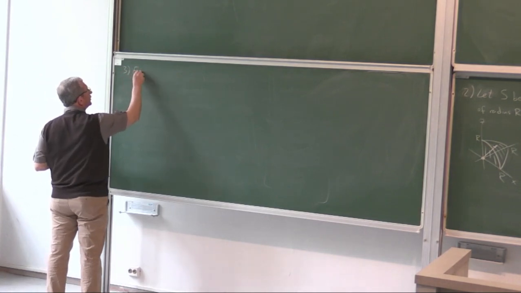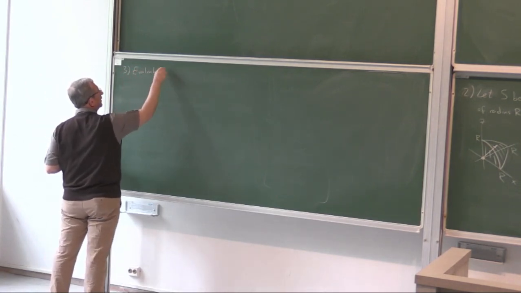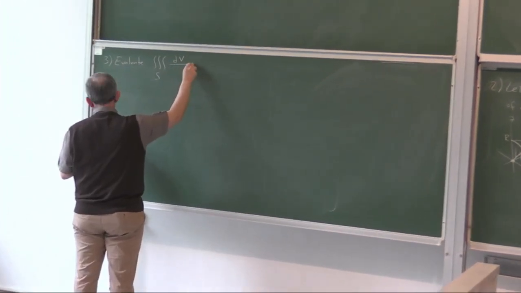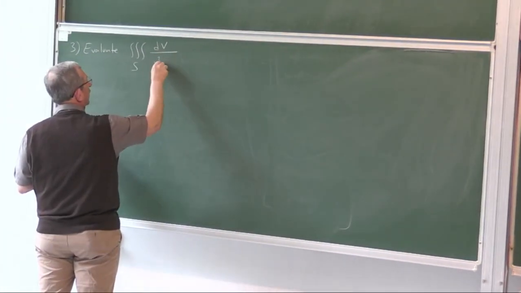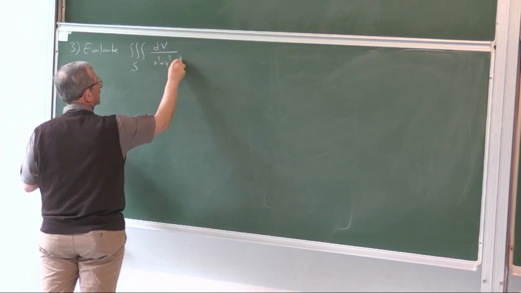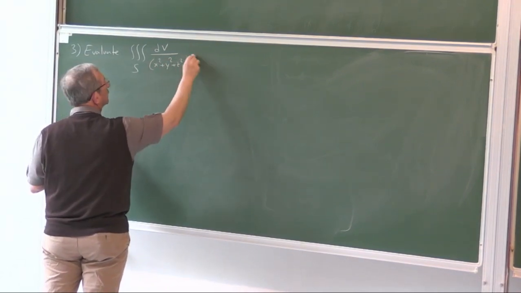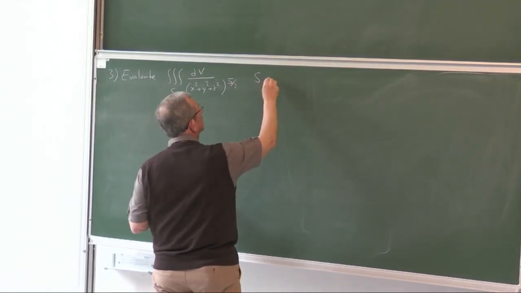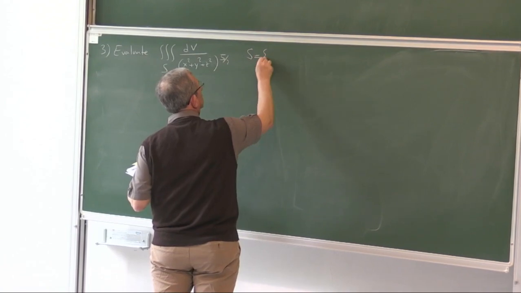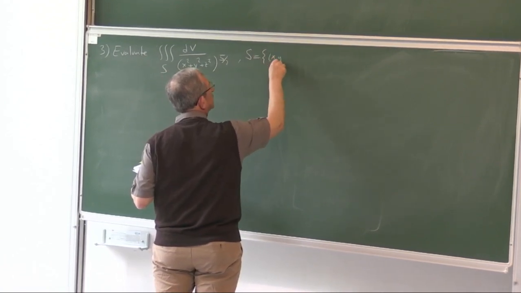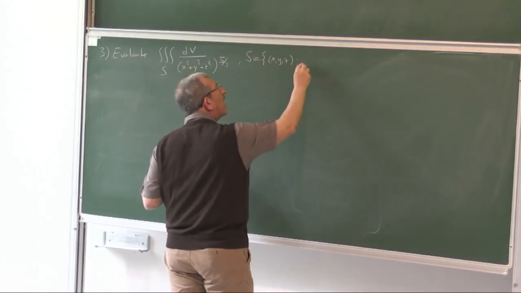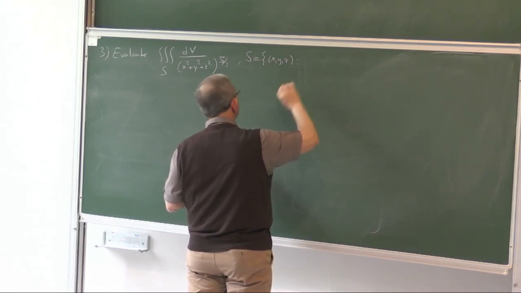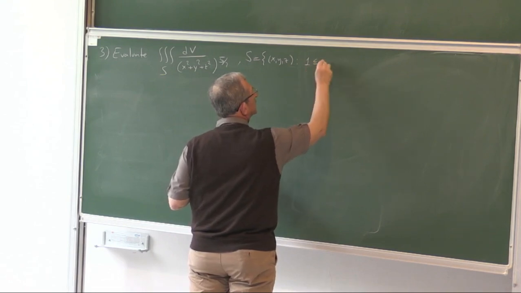Okay, the question now is to evaluate the triple integral over S of dv over x squared plus y squared plus z squared to the power 5 over 2, where S is the set of all points which lie between the two spheres.